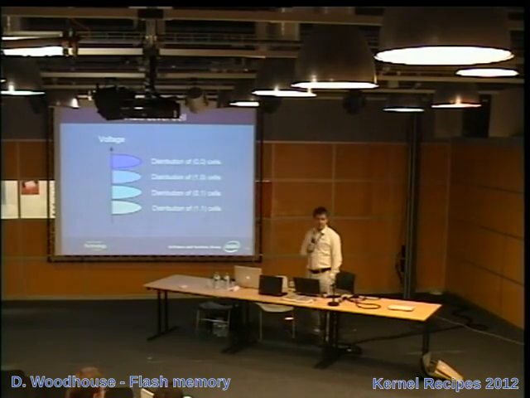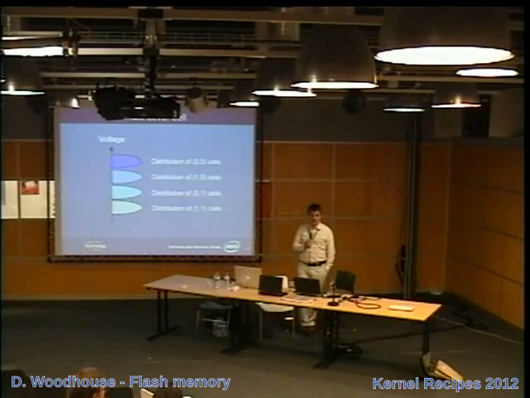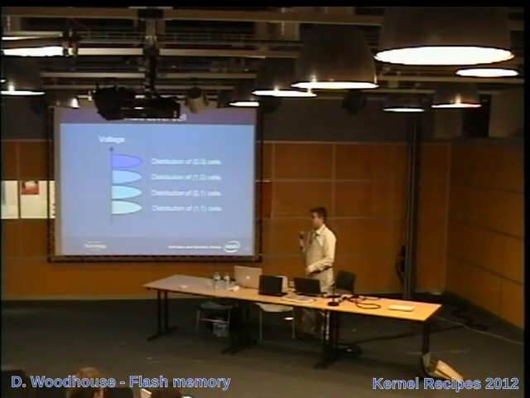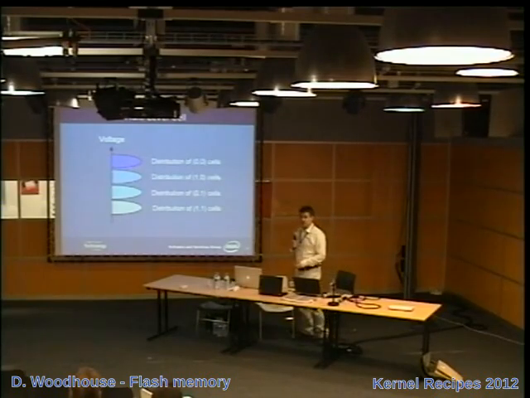That's why MLC is very attractive, because it's much more dense. You can get twice as much data into it, but it's also much less reliable, which is why the enterprise SSDs, the expensive ones, will often be using SLC flash.